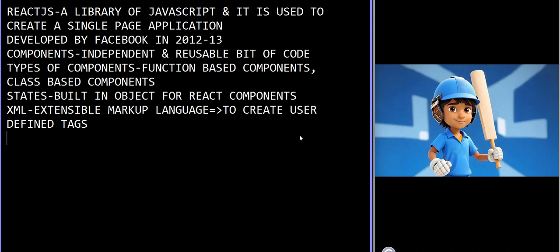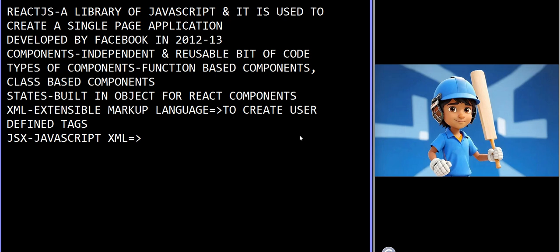And then we have JSX. JSX is nothing but JavaScript XML. These are all main terms. This JSX will be helpful to convert HTML elements into React elements. As in the previous playlist in the UI modules, you have seen HTML. What JSX does is convert all HTML elements to React elements.